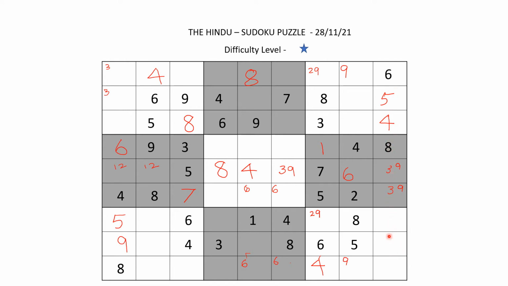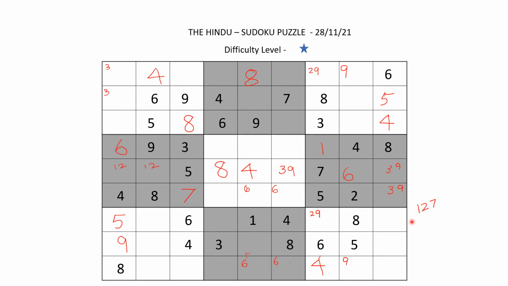Now let's see what are the numbers missing here. You have 1 missing, 2 is not there, 3 is here, 4, 5, 6, 7 is not there, right? Okay, so we have 3 empty cells and 3 numbers missing.